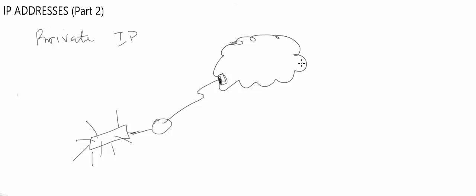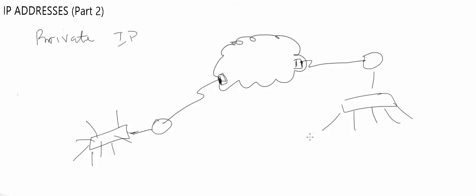Now, you have another office somewhere. This is my own office, connected to my ISP somewhere here, which is connected to my own switch too, and I have devices connected to my switch.